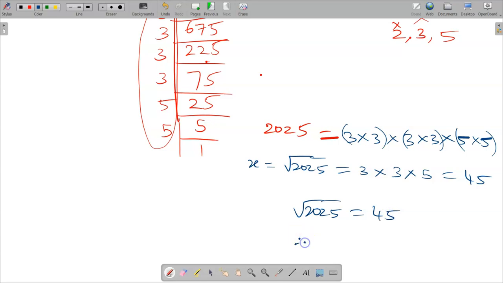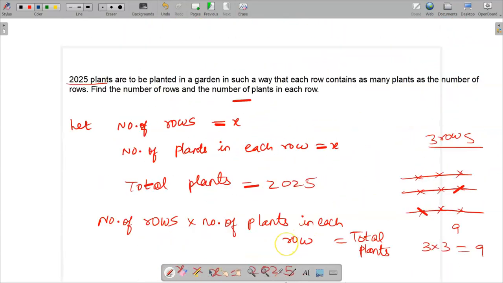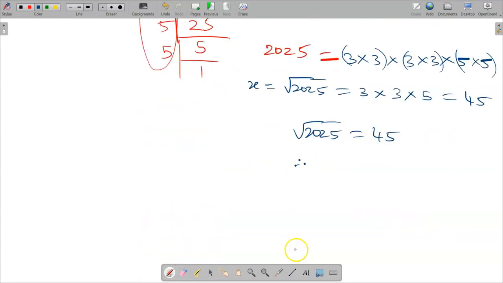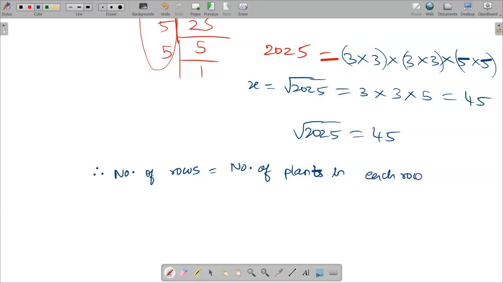So what is the question? Find the number of rows and the number of plants in each row. Therefore the number of rows, which is equal to the number of plants in each row, is 45.